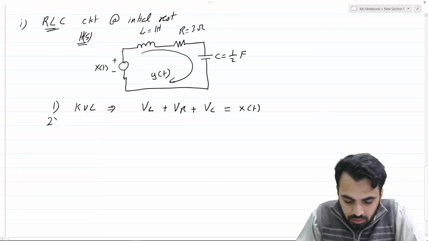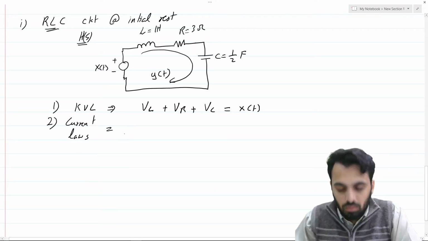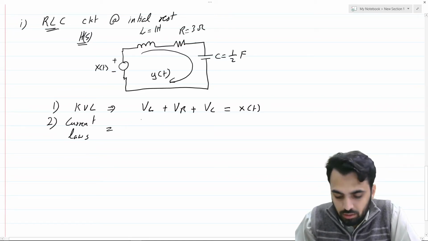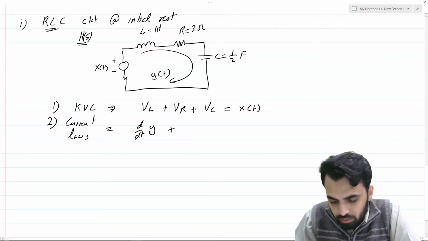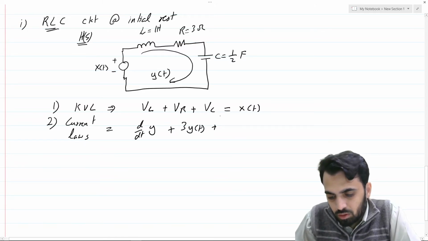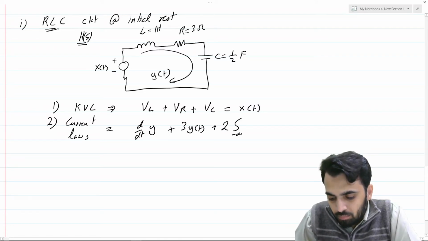So next, using current laws, we would have d/dt y(t). Because the inductor value is 1 Henry, we simply say d/dt y + 3y(t) + 1/C, so it would be 2, times the integral from minus infinity to t of y(τ) dτ.